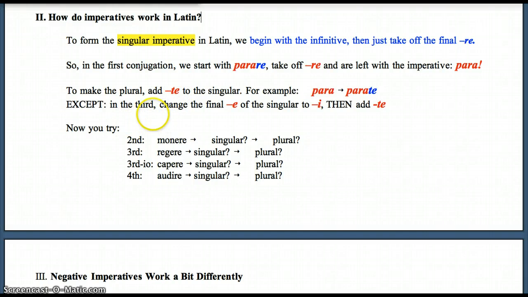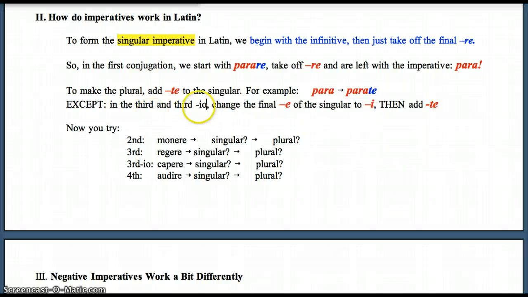There's an exception to this simply adding the te. In the third and third IO, we are going to change the final E of the singular to an I and then add TE. So let's see how it goes here.